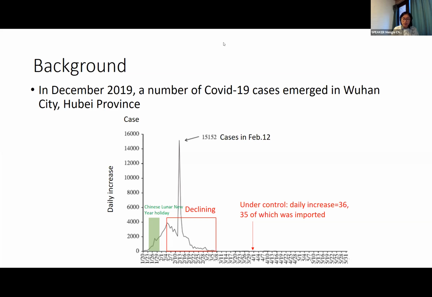By the end of March, we can see it has been almost brought under control, as the daily increase is very low, about 36 cases, 35 of which were imported cases. And I would like to highlight that the COVID-19 outbreak coincided with the Chinese Lunar New Year holiday.